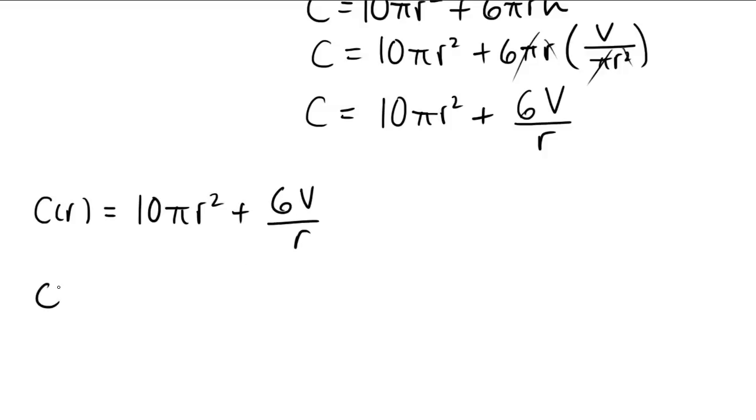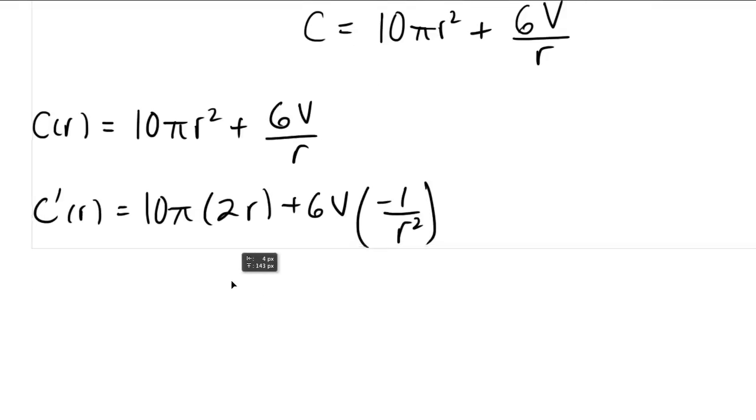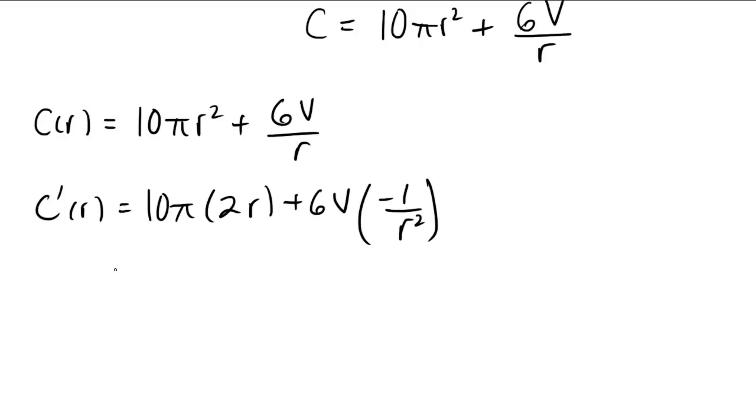And now let's find the derivative with respect to r. 10 pi comes out front, the derivative of r squared is just 2r. 6V is out front. The derivative of 1 over r is negative 1 over r squared. So there's my derivative. Why don't I clean that up? I get 20 pi r minus 6V over r squared.